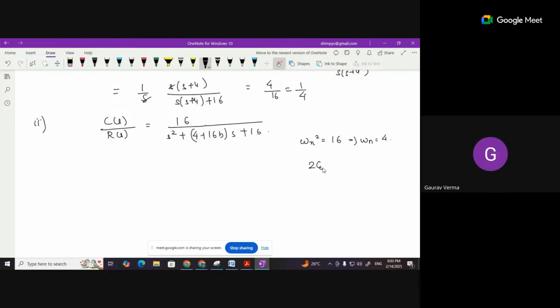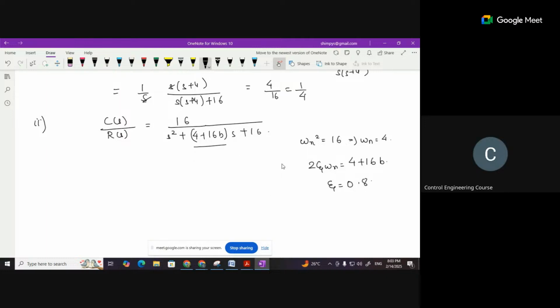Now, in this case, 2 zeta omega n will be how much? It will be 4 plus 16B, right? And the damping factor of the system increases to 0.8, so zeta will be 0.8.